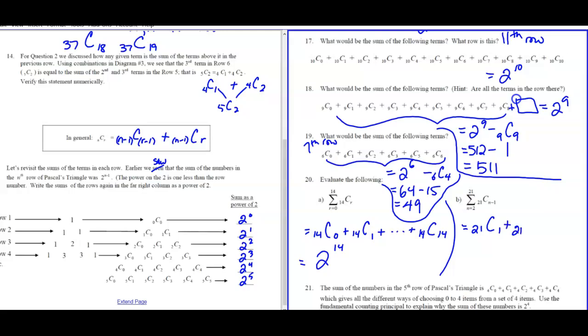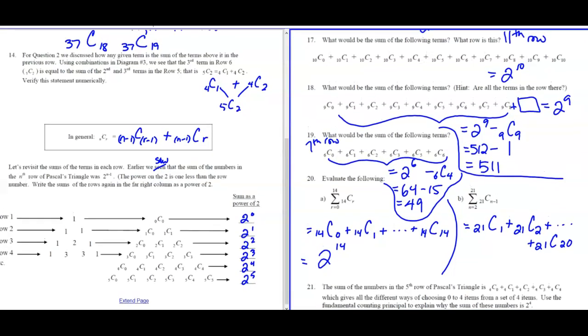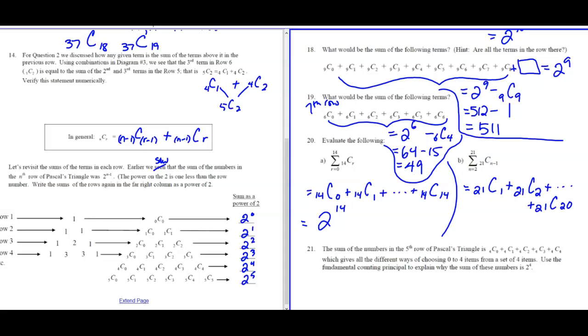Then 21C2. And then getting to the end, that's going to be putting 21 in there. So that's going to be 21C20. We subtract 1, so there's a couple of terms missing. There's 21C0 and 21C21. Both of them have the value of 1. So this is going to equal 2 to the 21 minus 1 and minus another 1.